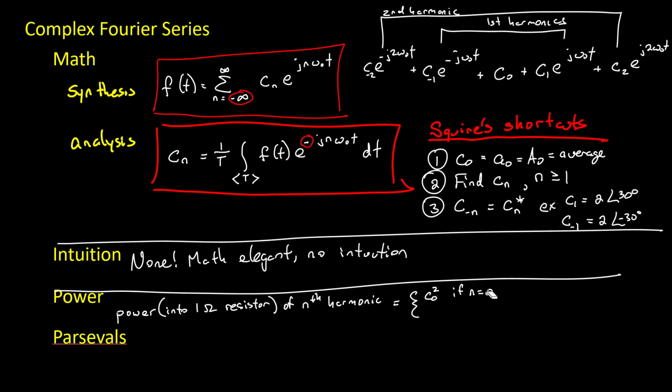So that's the DC term. And of course, the DC term, if you're putting in V volts, would be the square of V volts, because you'd have V volts across the resistor, you'd have V over the 1 ohm resistor of current going through it, and so the power would be the I times V, which would be V squared. For values of n greater than 0, it would be the magnitude of c sub n squared.